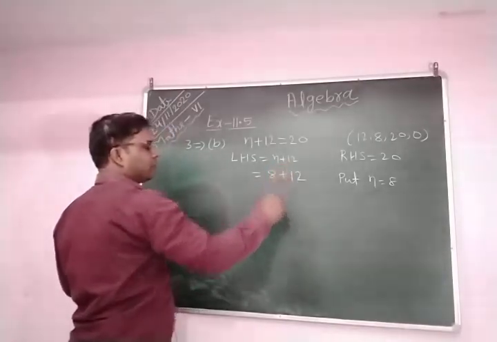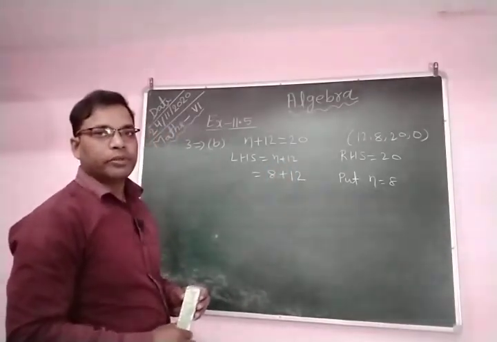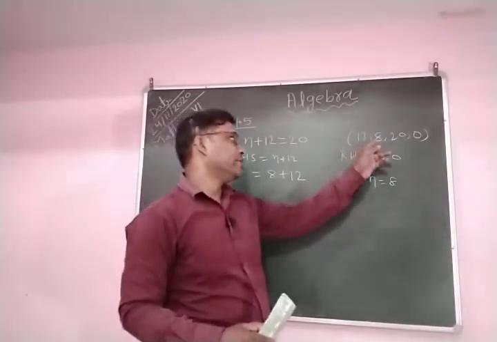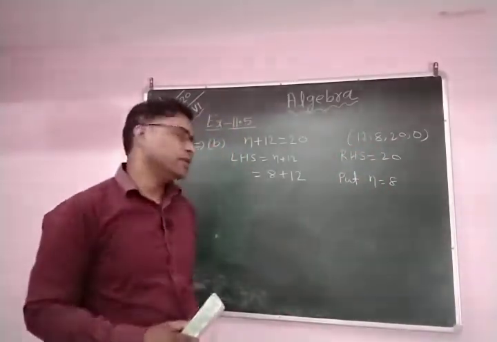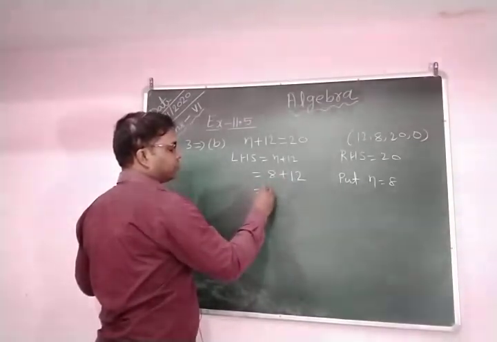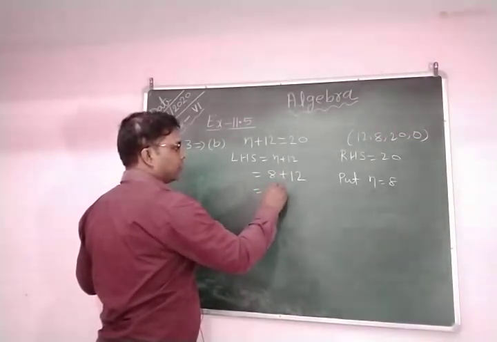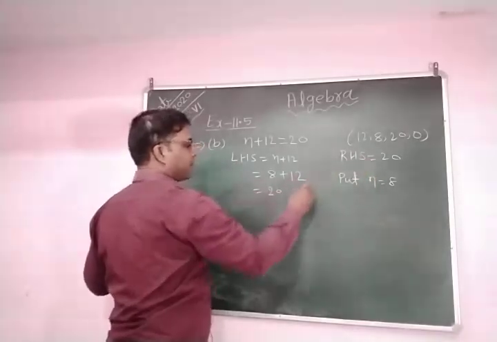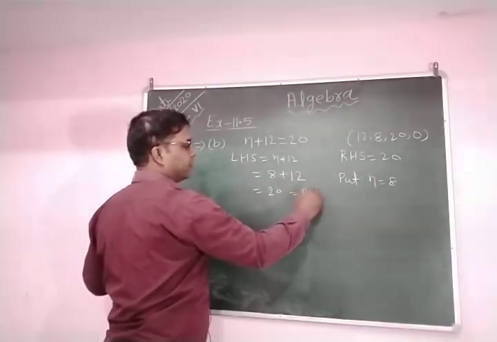You put n is equal to 8 because you can see the second option is 8. So 8 plus 12 is equal to 20. Here our right hand side is also 20. This is equal to the right hand side.